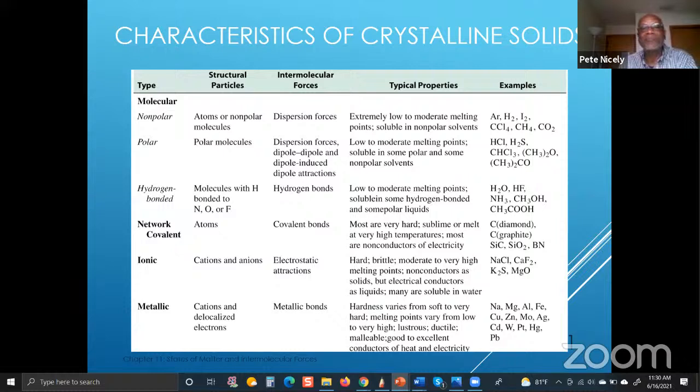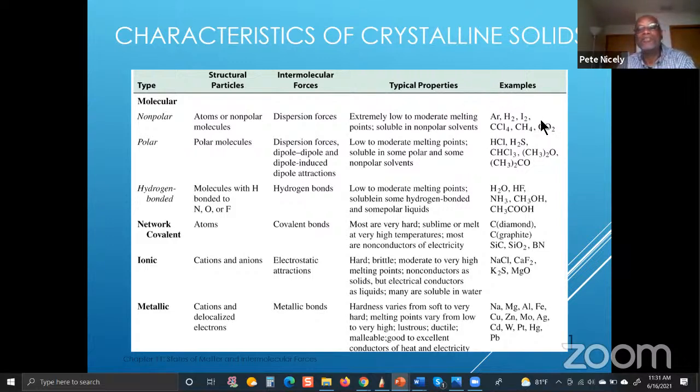Okay, so this is a summary of what we have described in this chapter so far in terms of the different forces. For nonpolar molecules, the intermolecular forces would be dispersion forces, and they tend to have low melting points, and they tend to also be soluble in nonpolar solvents.